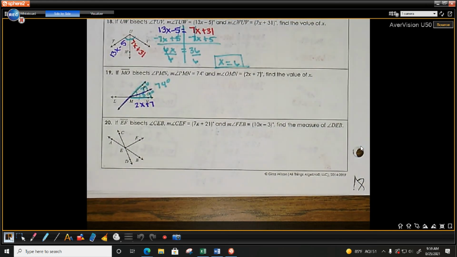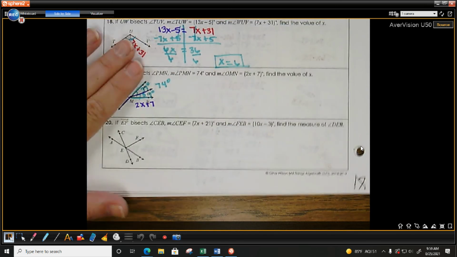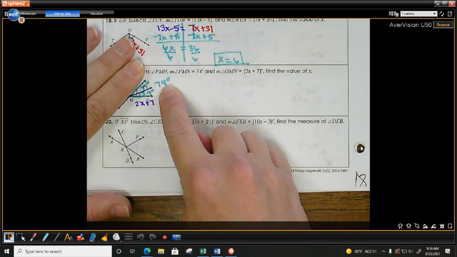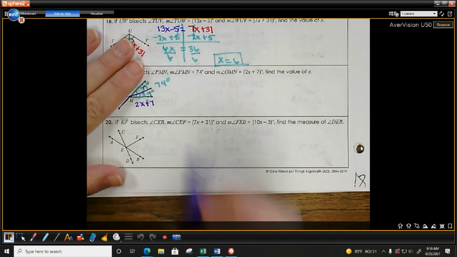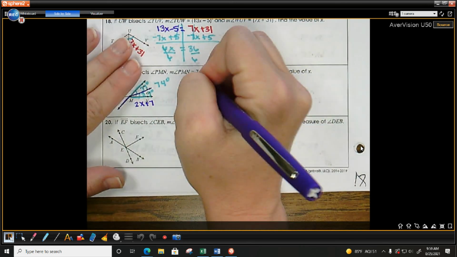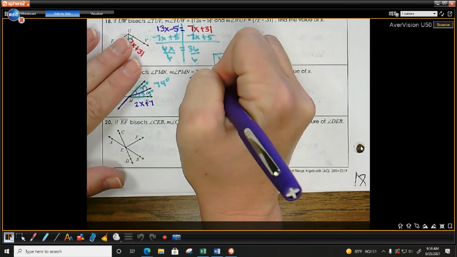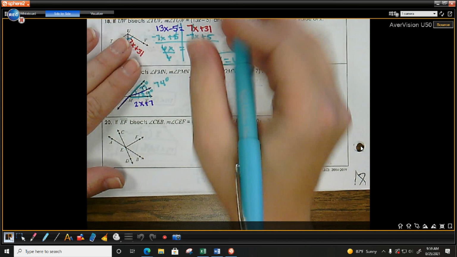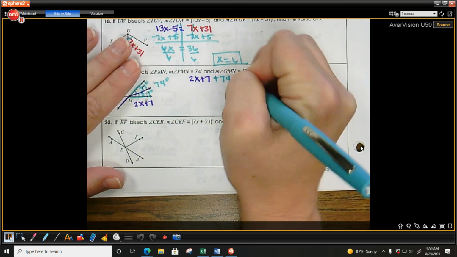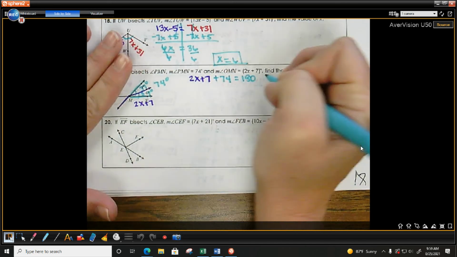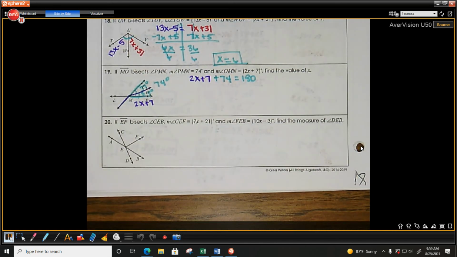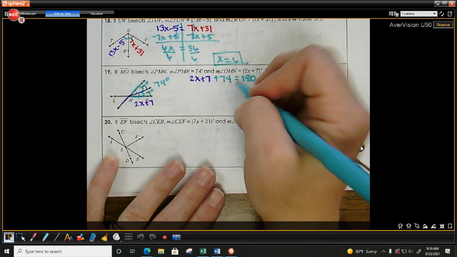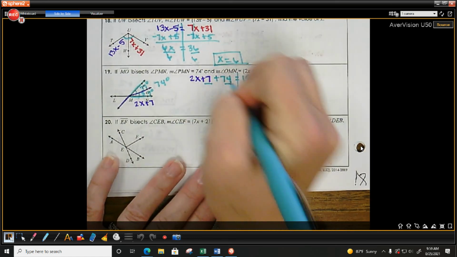What do we need to add the 2x plus 7 to? Plus 7 plus 74 is equal to 180. There we go. This makes the straight line, so the 2x plus 7 plus 74 equals 180. Add your like terms, so we get 81.